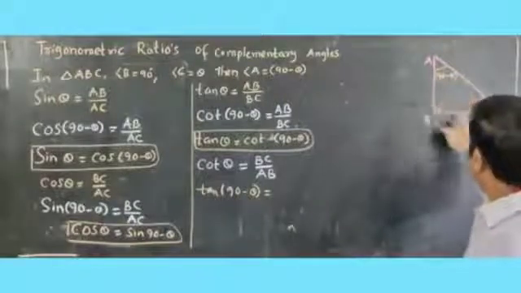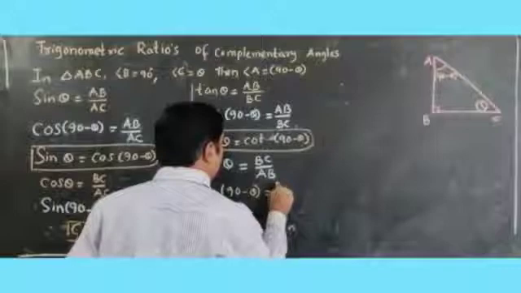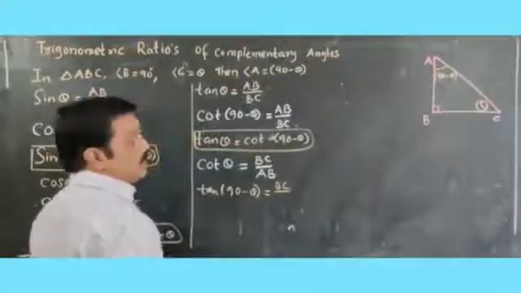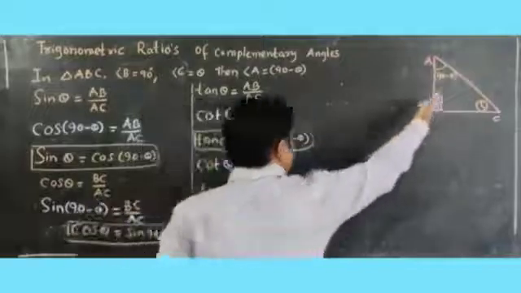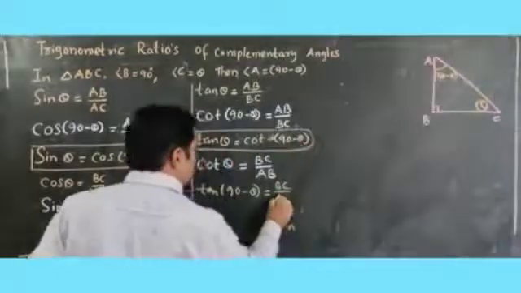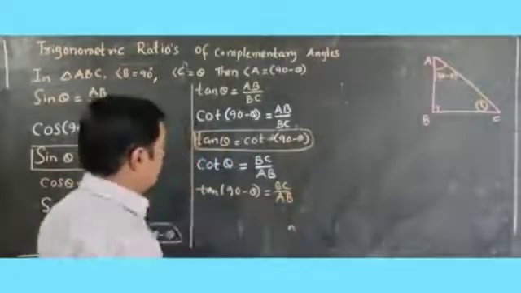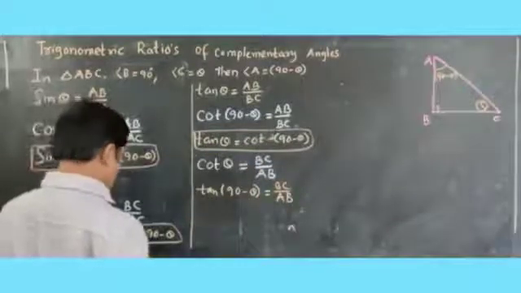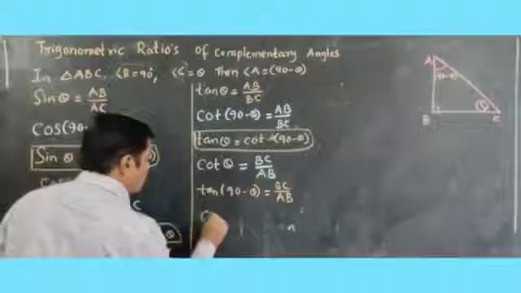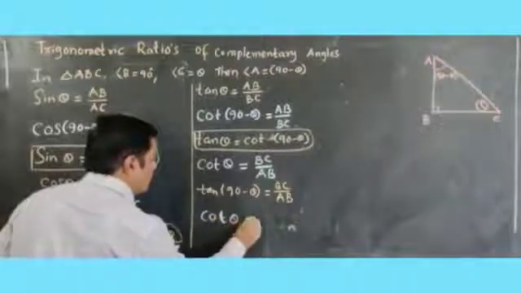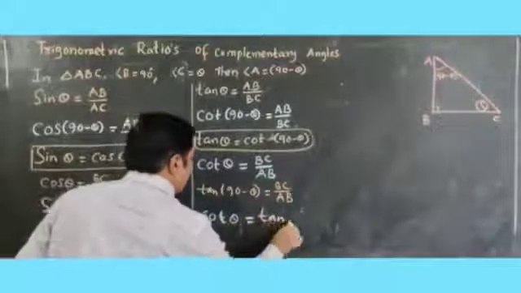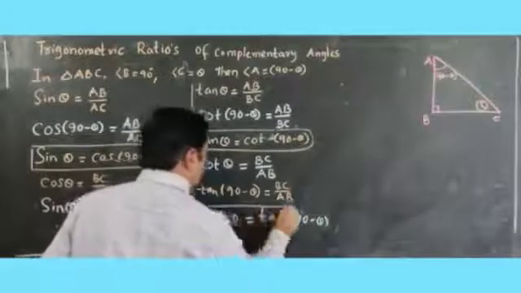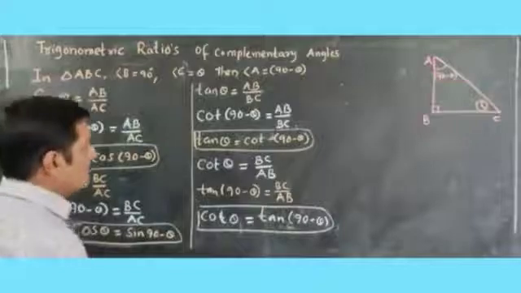Opposite side to 90 minus theta is BC, and adjacent side to 90 minus theta is AB. So BC by AB. So we understood that cot theta is equal to tan 90 minus theta. Is it clear?